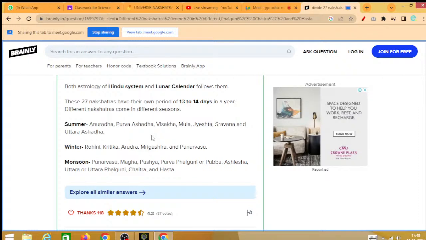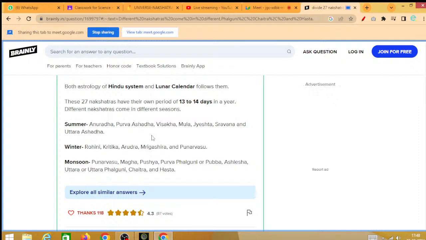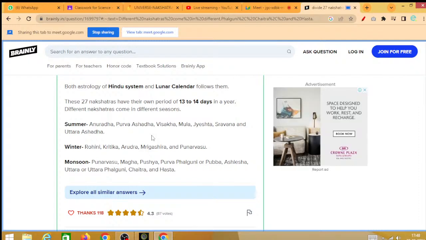I'm trying to see whether this is actually right. So what I'll do is from my calendar I'll try and identify. This Ashadh means July, means monsoon. Yeah, that's what. So from your calendar you try to find out.